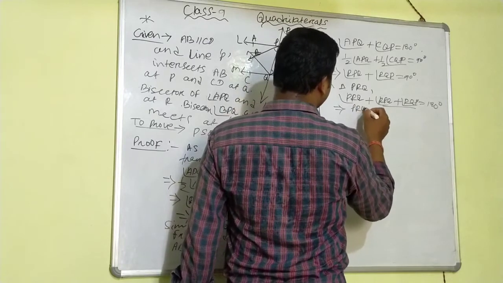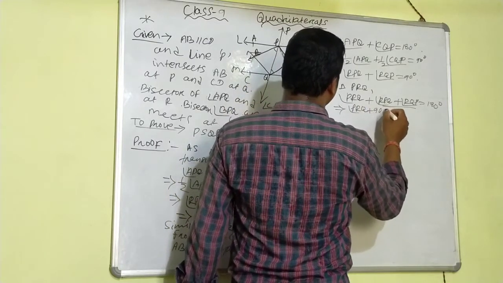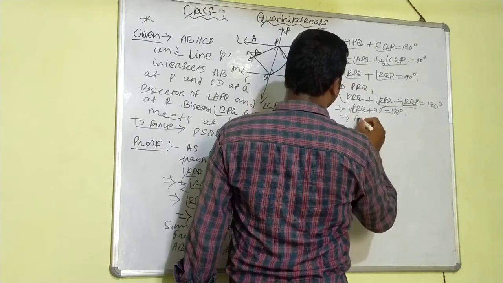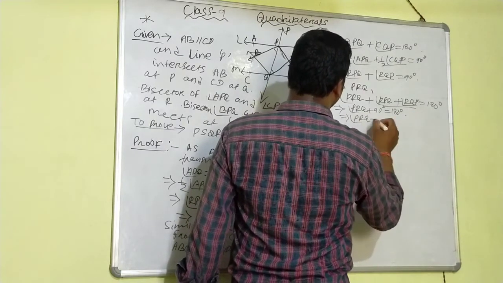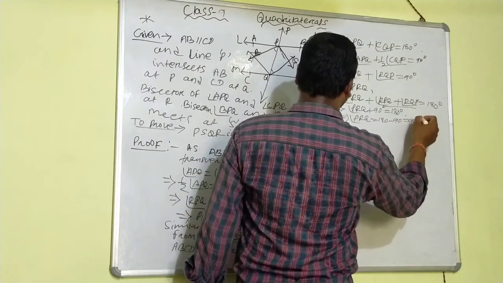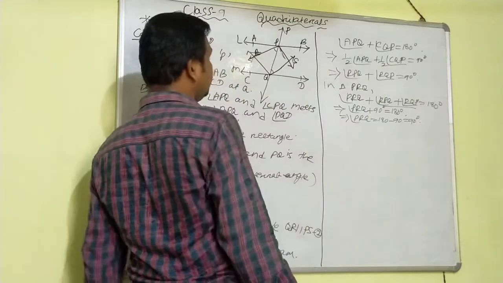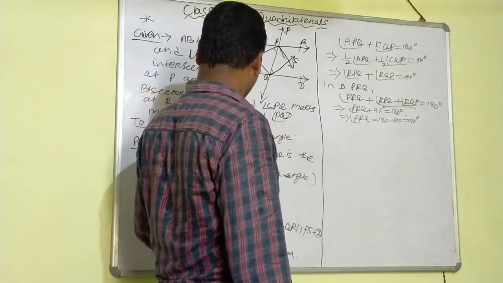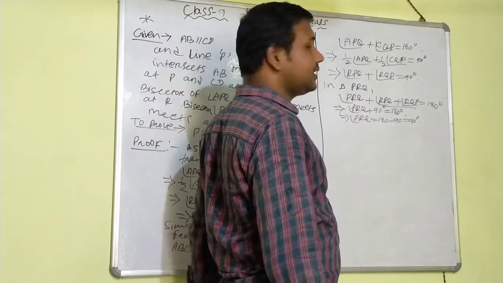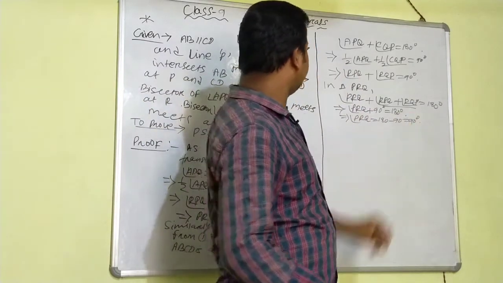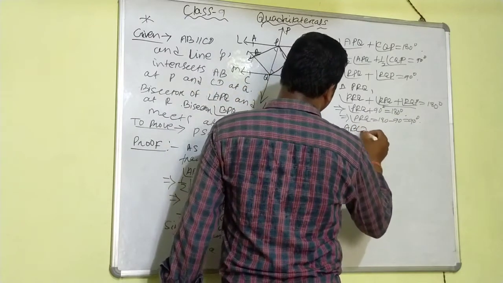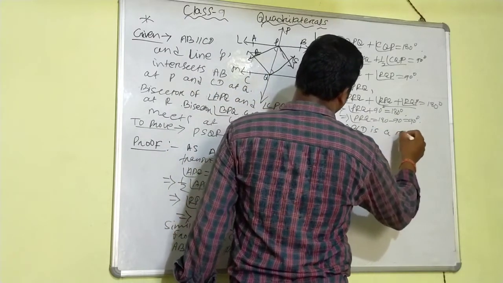So PRQ plus 90 degrees equals 180 degrees. Hence angle PRQ equals 180 minus 90, that is 90 degrees. Already we proved PQRS is a parallelogram and one angle of the parallelogram is 90 degrees here. Therefore we can say PQRS is a rectangle.